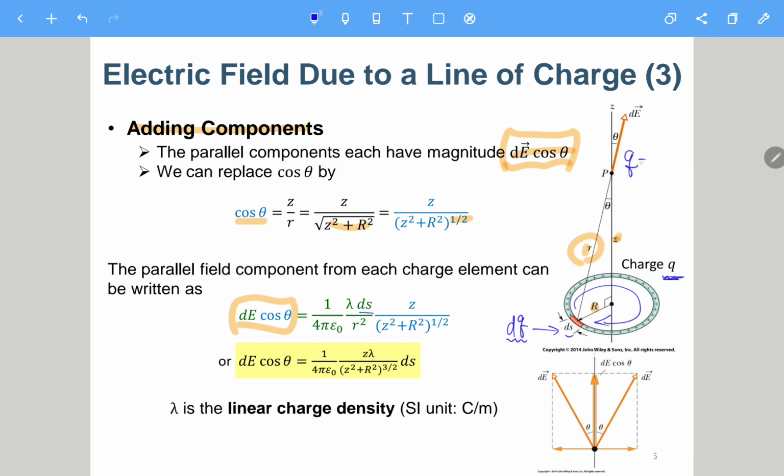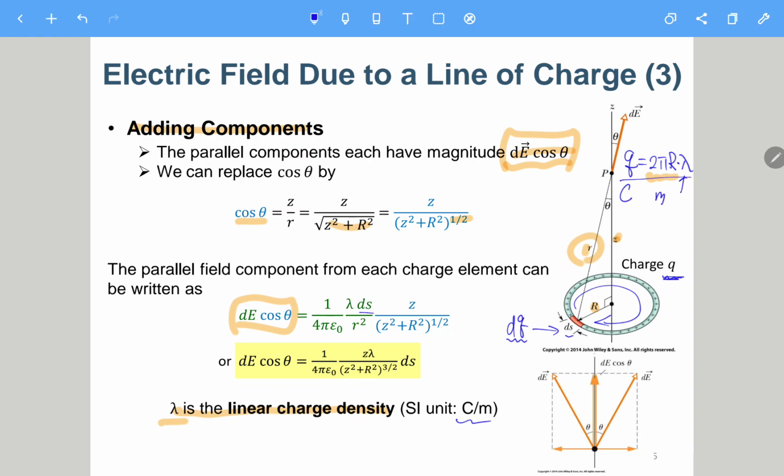So q should be the length of this ring, which is the circumference of the circle, 2 pi R, times lambda, the so-called linear charge density, because it is a ring, so this is in 1D. So lambda is the linear charge density. This has a unit of meter. This is coulomb. So lambda should have the SI unit of coulomb per meter.